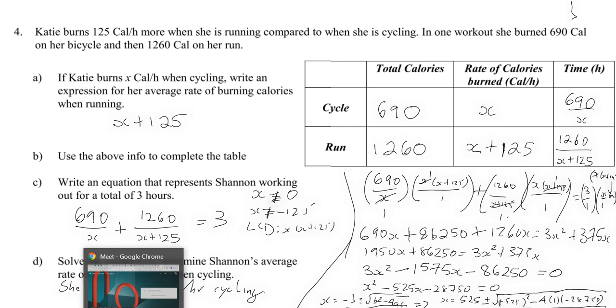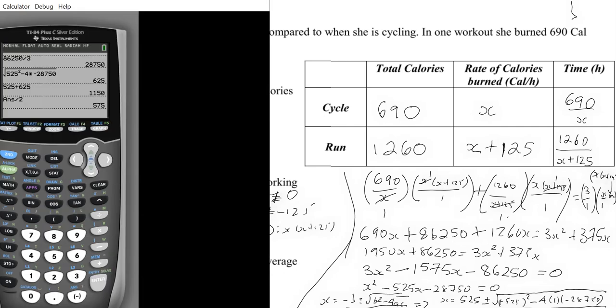So if we take 690 divided by 575, right? So that's the total time she spends cycling. And then 1260, I can go with the fancy, and if you don't have that, you can just use brackets.